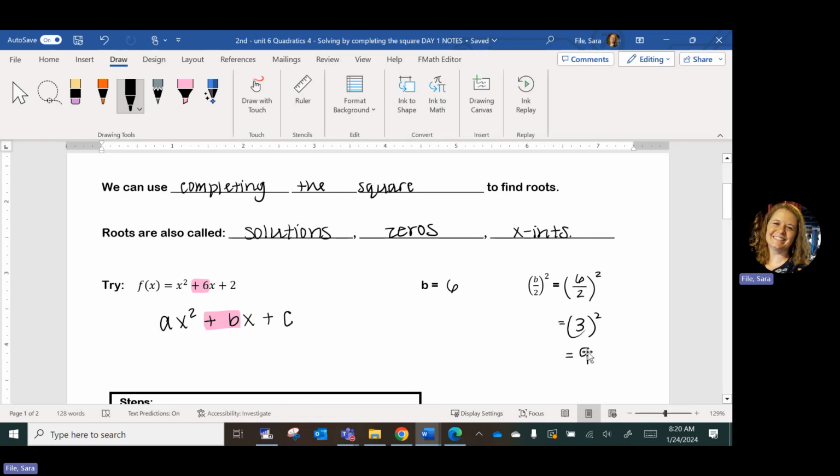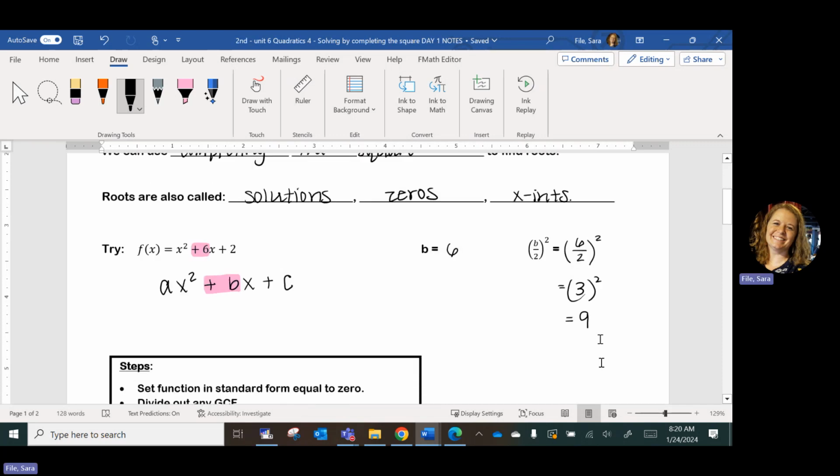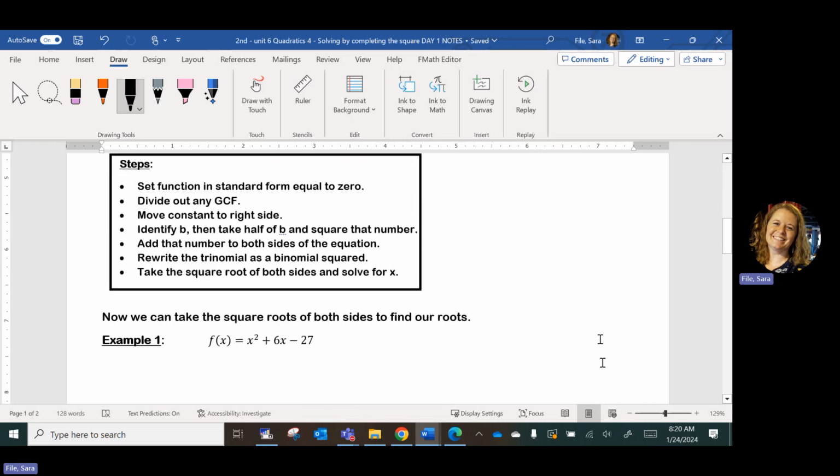It's +9. This number that you get when you do (b divided by 2) squared should always be positive. You'll understand that because you are squaring a term, so it should always come out positive. Any questions so far?